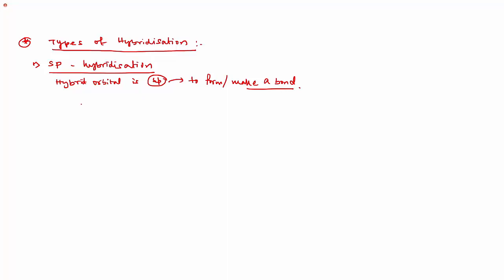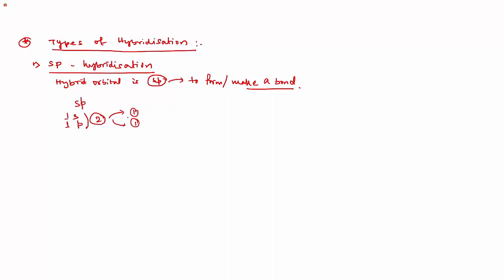Now first is sp hybridization. Here one s orbital and one p orbital are involved, so two atomic orbitals. When there are two atomic orbitals, we will also have two sp hybridized orbitals.